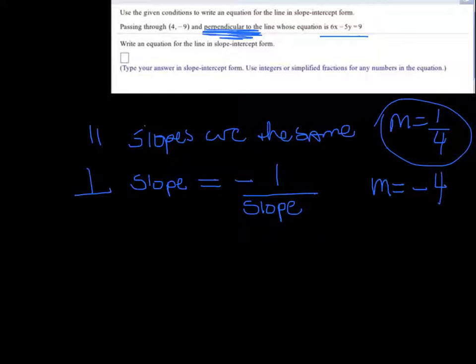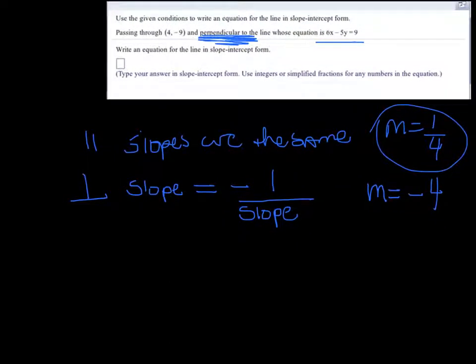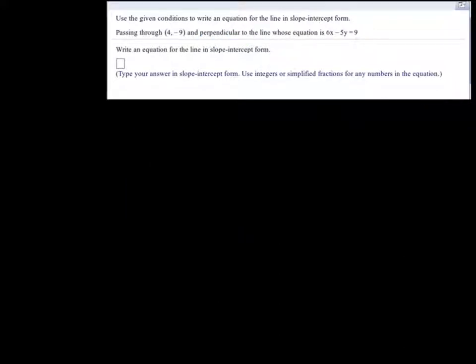All right, so with that information being said, let me get rid of this. I'm having difficulty getting my eraser to work. There we go. All right, so let's take a look at the information given here. They want us to write our line in slope-intercept form.